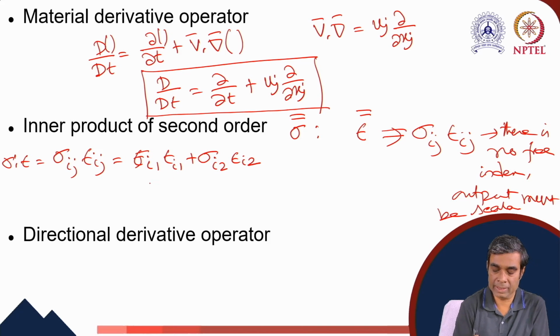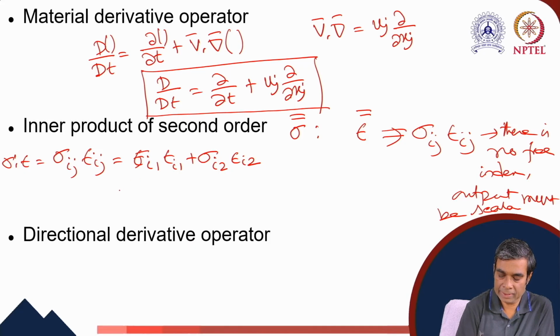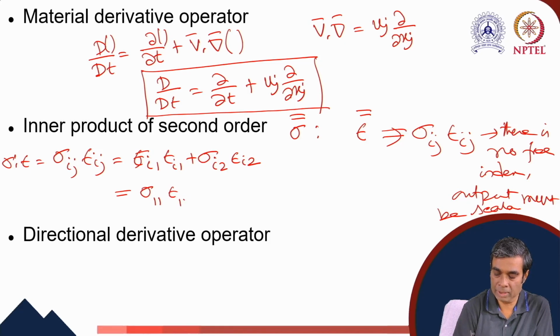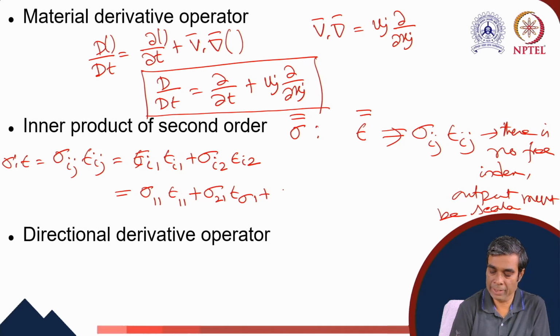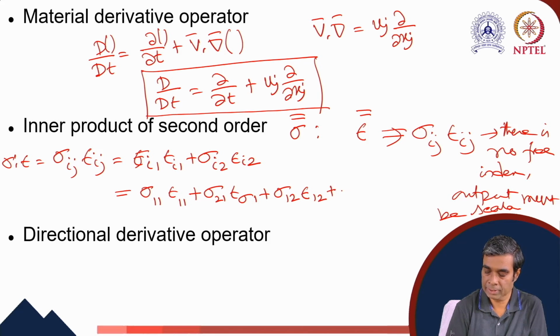This is the expansion over j. Now in the next step, we perform the expansion over i. Then we get sigma 11 epsilon 11 when i equals 1. When i equals 2, we get sigma 21 epsilon 21. For the second portion, when i equals 1, we get sigma 12 epsilon 12, and when i equals 2, we get sigma 22 epsilon 22.